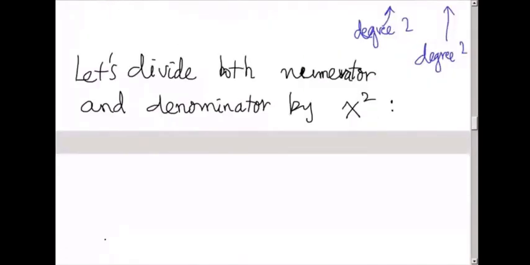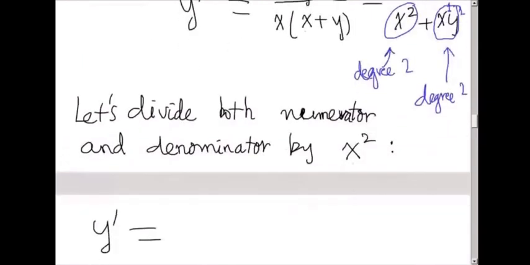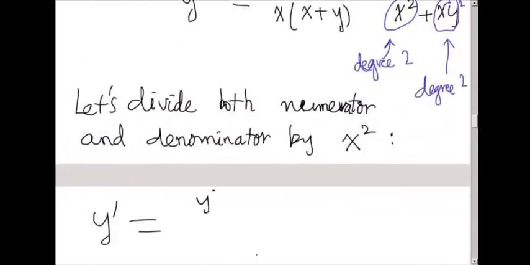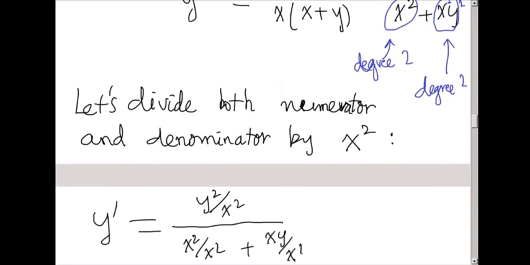So what we have is this. Numerator is y squared, and we need to divide that by x squared. In the denominator, we do the same thing. We need to divide everything by x squared. So we get x squared divided by x squared plus xy divided by x squared. And then we simplify this.